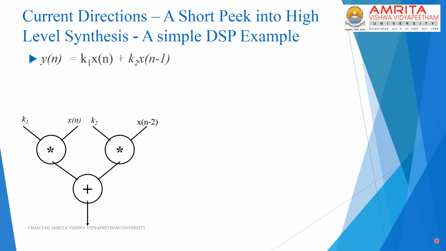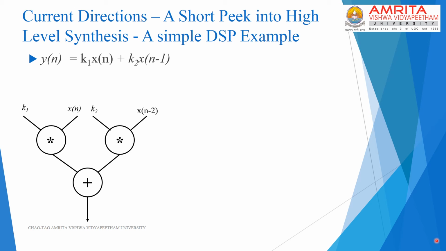So the data flow graph will be a graph that will have nodes corresponding to each operation that is depicted by the equation. So in the data flow graph corresponding to this DSP example, you can see that there are two multiplication operations and one addition.